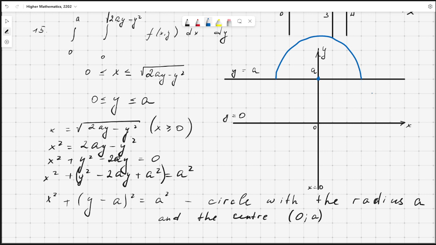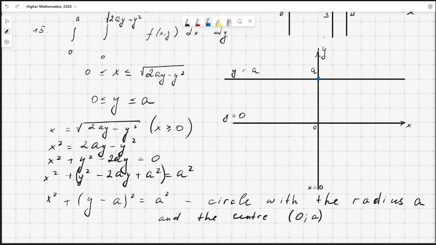Approximately this. X is positive, which means a semicircle in this case.